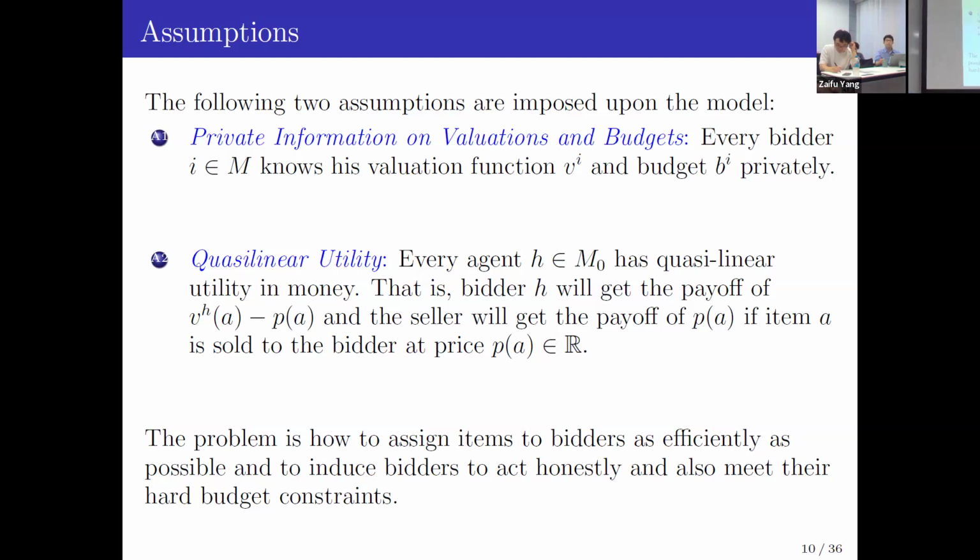For instance, if I have a valuation on the house of 1 million, and my budget is 500,000, and if I pay 600,000, my payoff is still 400,000.